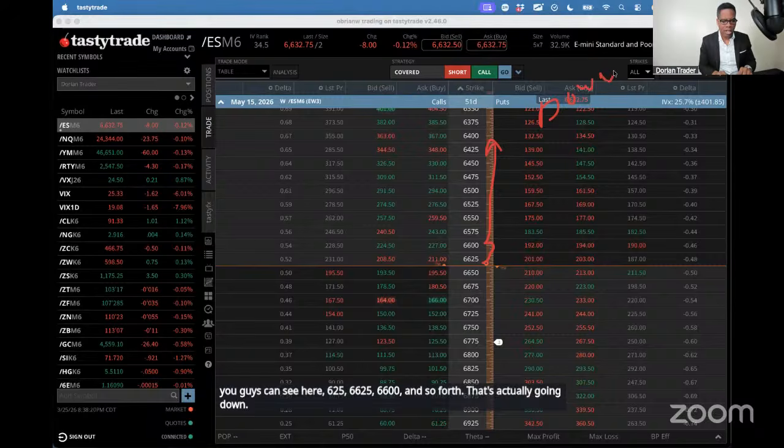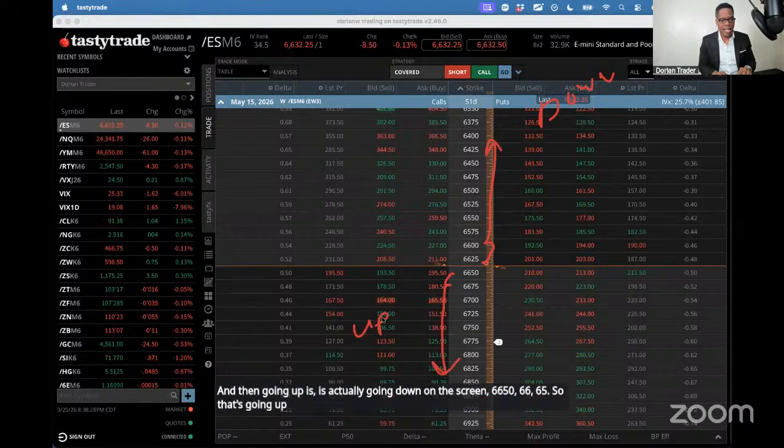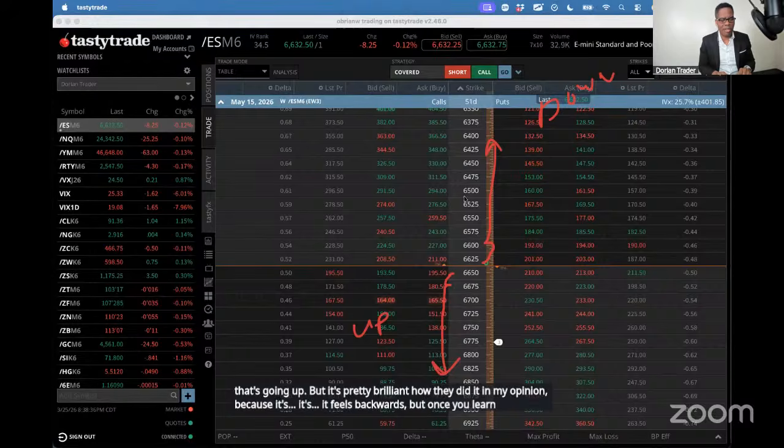And going down on the screen is actually going up: 6650, 6665. It feels backwards, but once you learn the option strategy, it would feel more backwards doing it if it was going in the right direction.